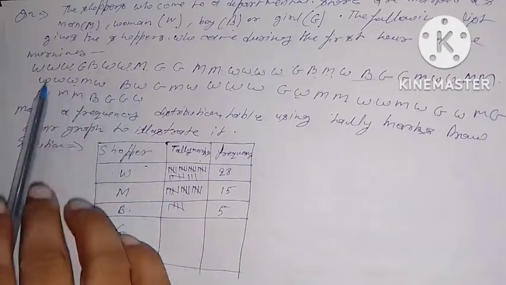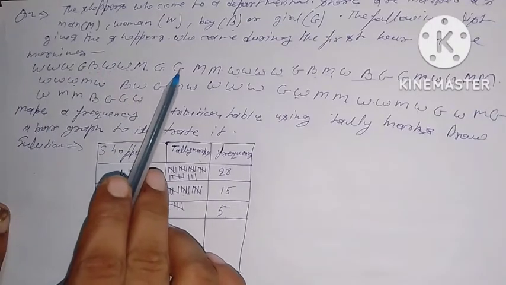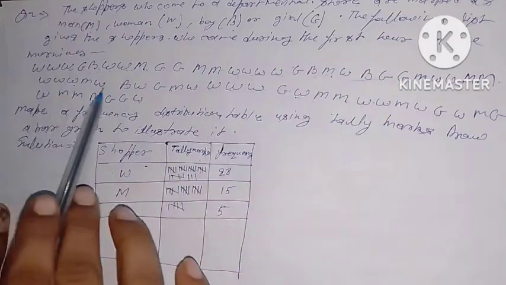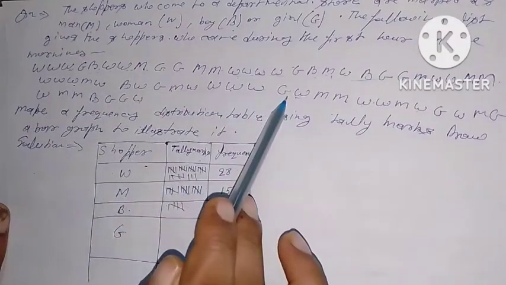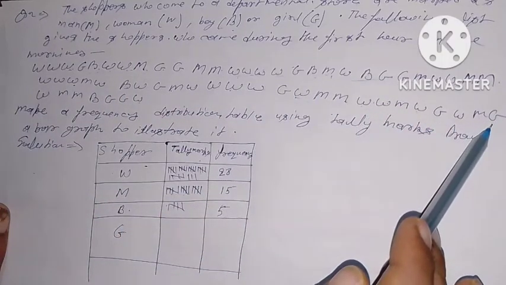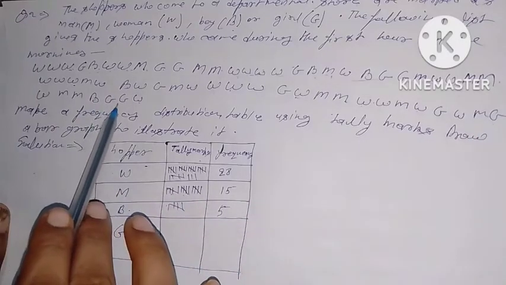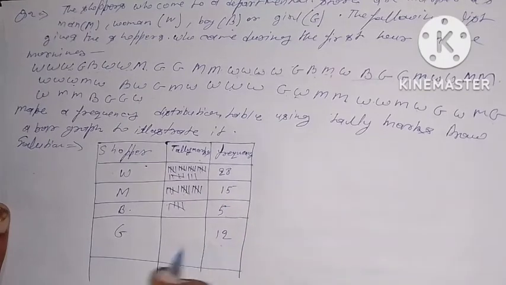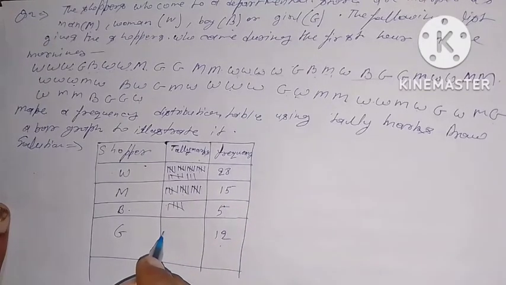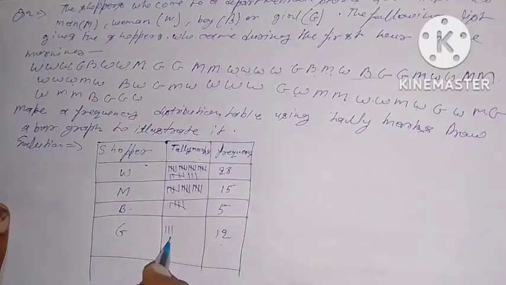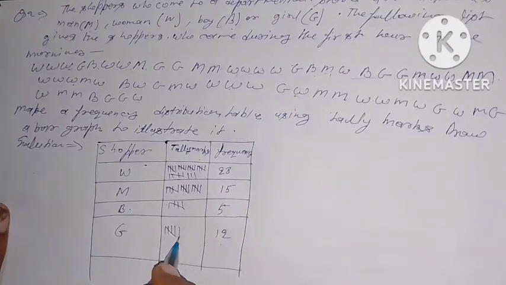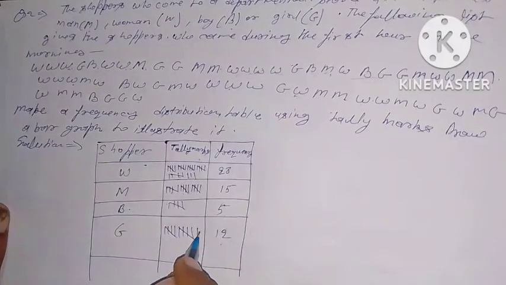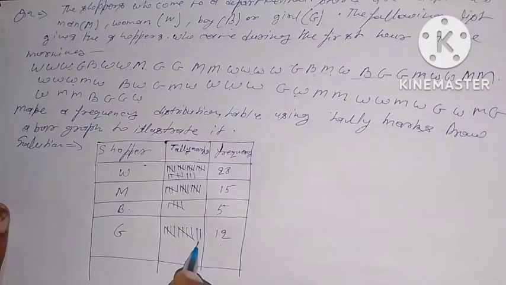And girls: counting 1 to 12. Girls is 12, so the frequency is 12. The tally marks are 5, 5, 10, and 2 more, 10 plus 2 is 12.